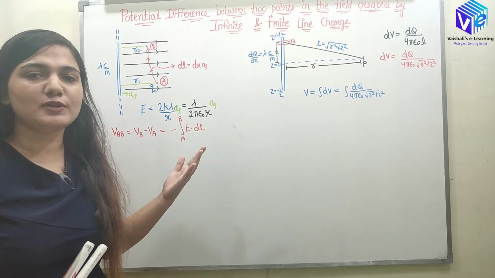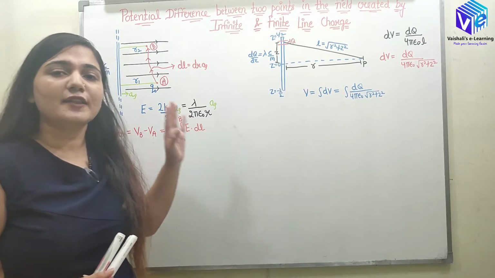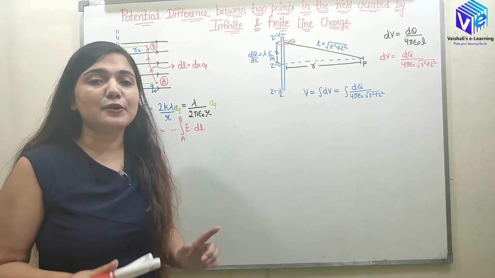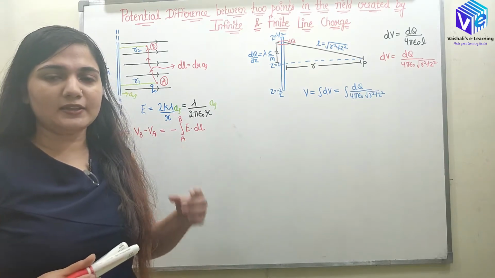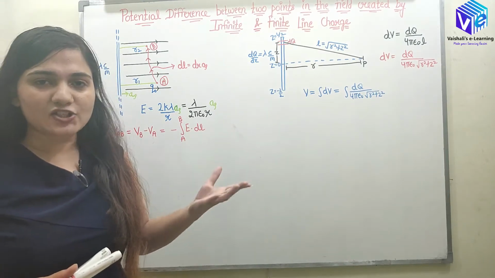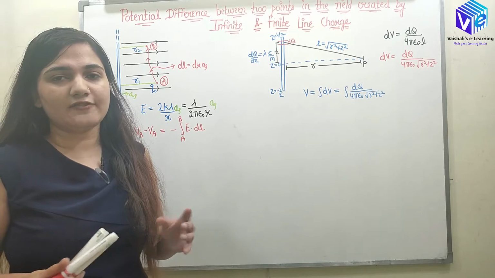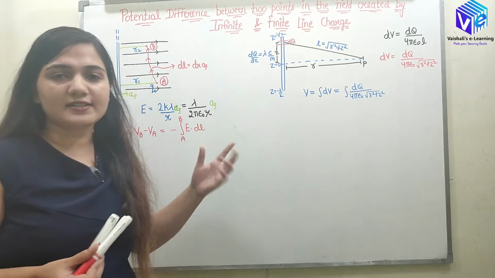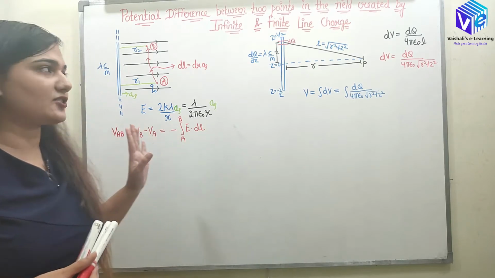Here I will be talking about the potential difference from the electric field. I know the relationship between the electric field and the potential difference, and I will use this relationship to find the potential difference.